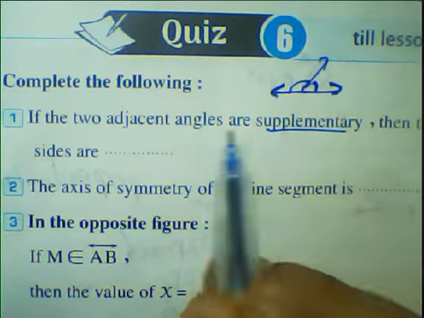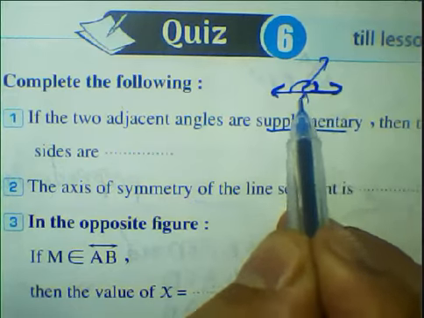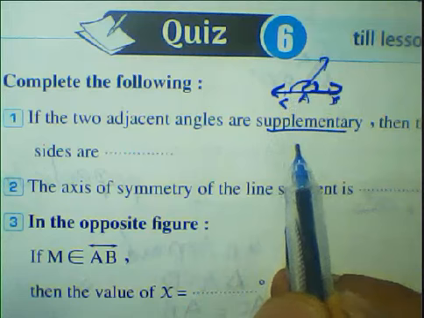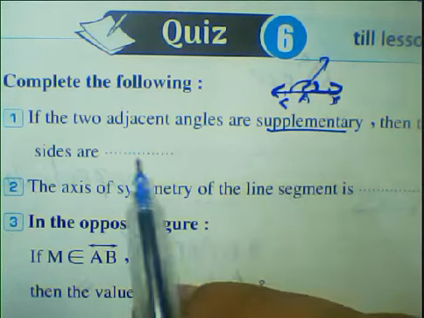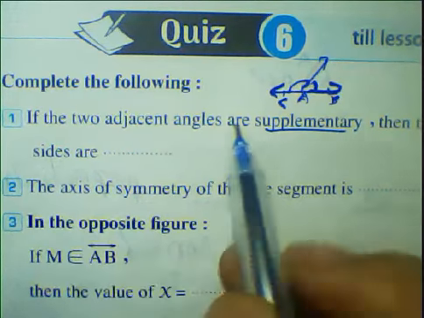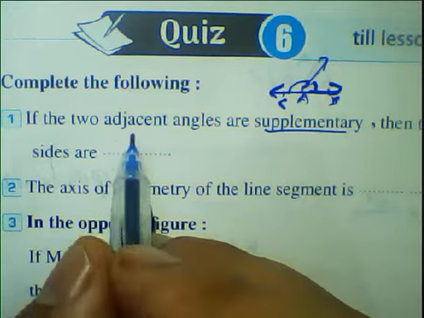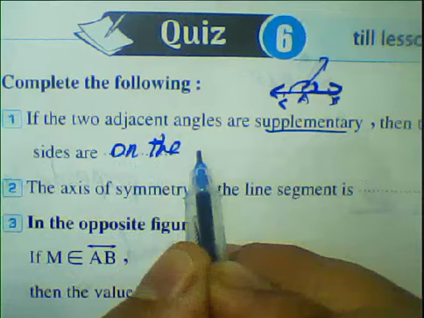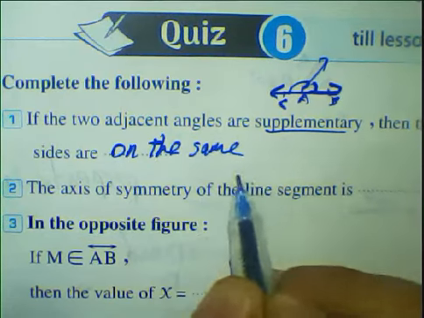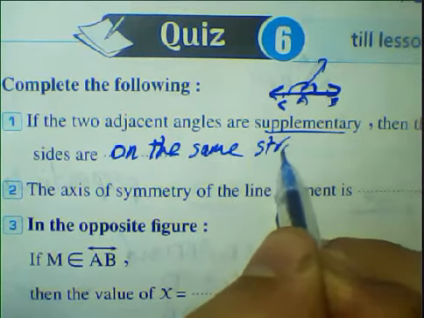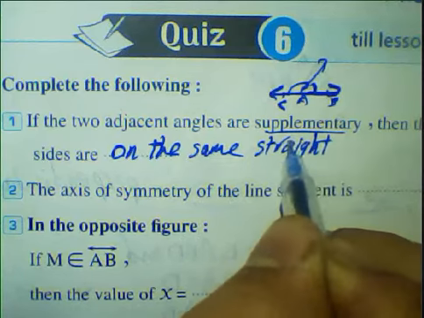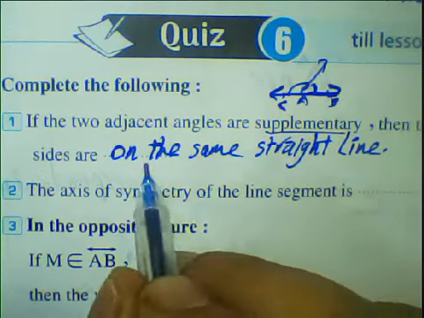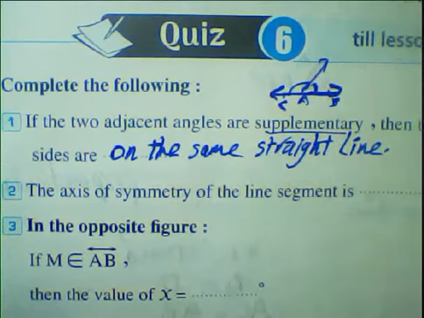Their outer sides, such as AB and AC, are on the same straight line.